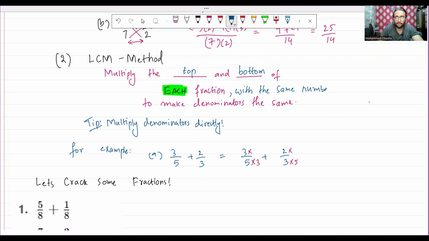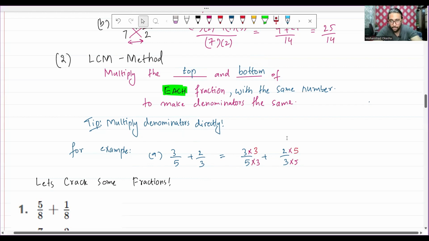Whatever number you are multiplying the denominator by, you will also multiply the numerator by the same number. You multiply the denominator by 5. Now you are supposed to multiply the top with the same number as well.